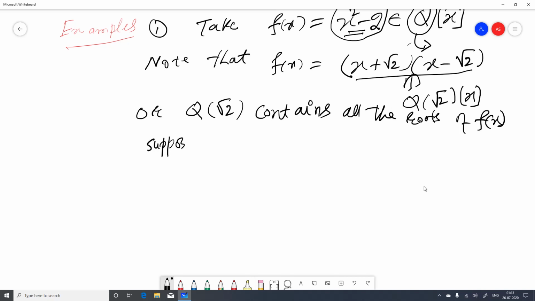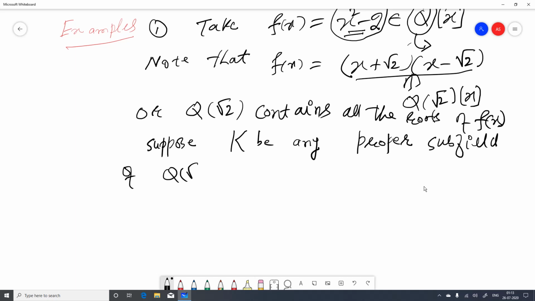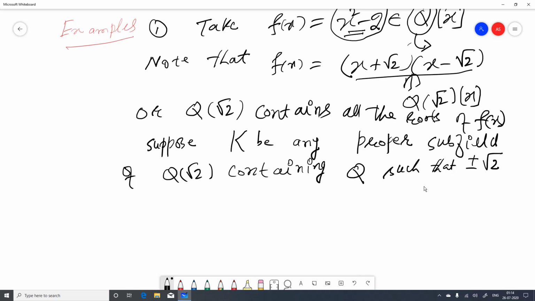Suppose K is any proper subfield of Q(root 2) containing Q such that the roots of this polynomial, plus or minus square root 2, belong to K.